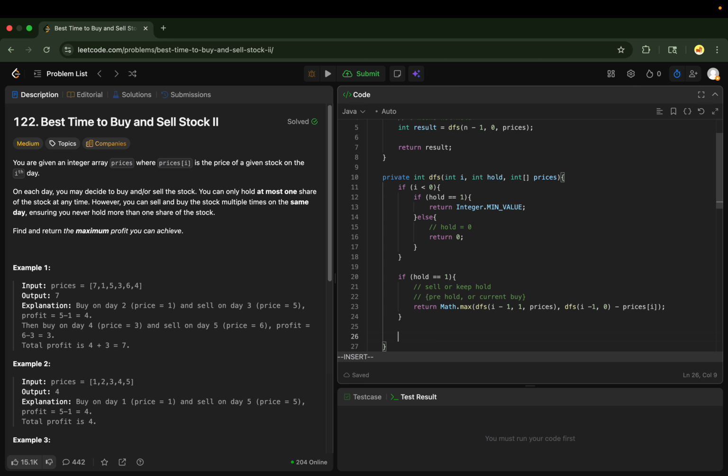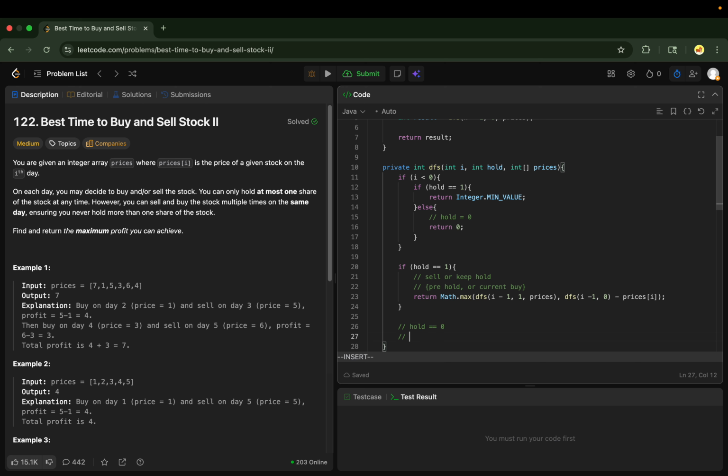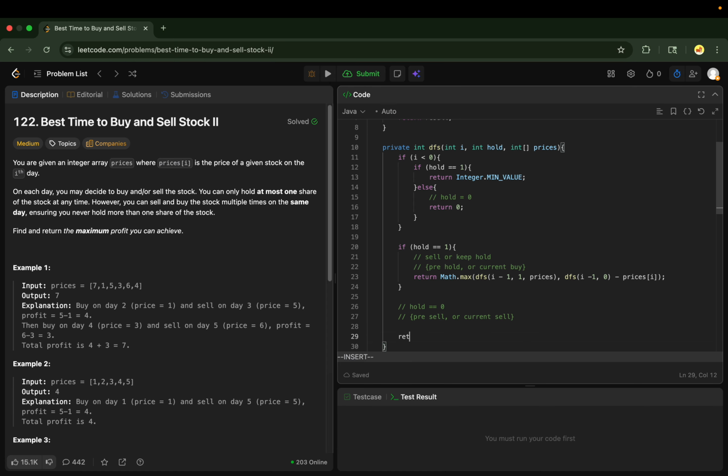And then this one means hold is equal to 0. So there are also two conditions: previous already sold, or current sell. So return the maximum of DFS(i-1) with previous hold 0, or DFS(i-1) with hold 1 plus the current price.